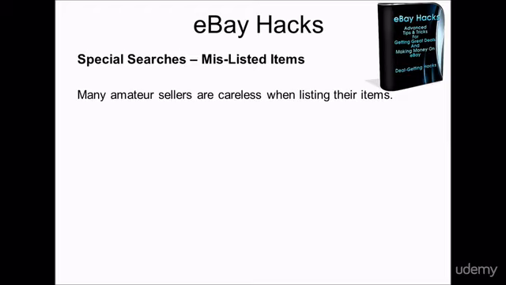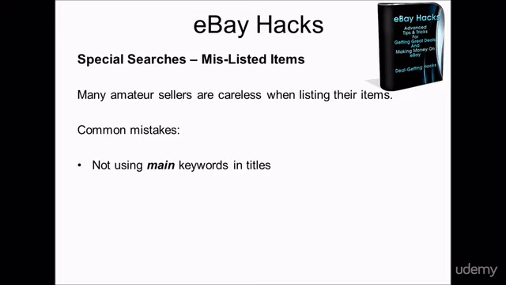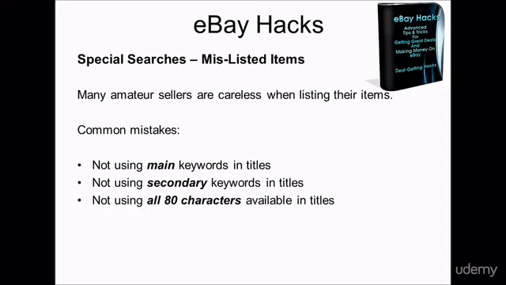Many amateur sellers are careless when listing their items. Some of the common mistakes they make is not using the main keyword of what the item is in the title, or not using secondary keywords in the titles, not using all 80 characters available in titles. I just saw a couple of examples where somebody listed some collectible knives, pocket knives, and their entire title was knife.